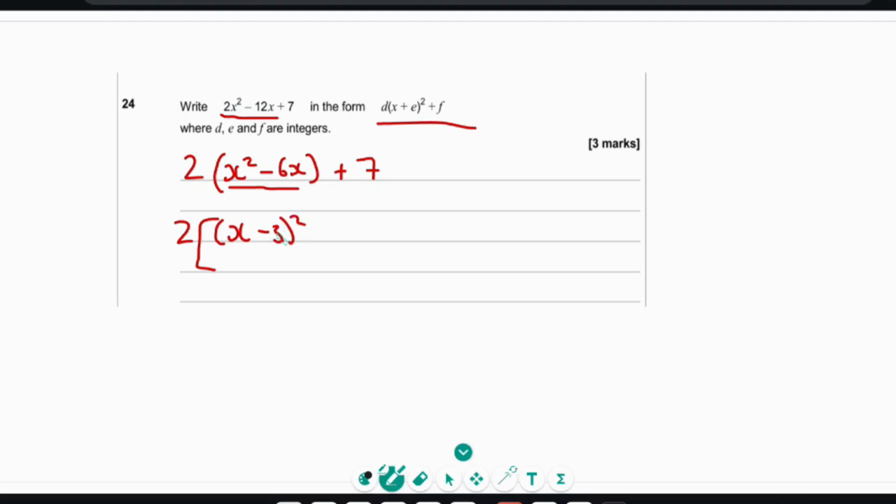If I expanded these brackets, I'd have the term minus 3 times minus 3, which is 9, which I don't need, so I need to subtract it off. So I've just created that 9, I need to get rid of it. And now if I expand the brackets, 2 times minus 9 is minus 18. Simplify. And minus 18 plus 7 is minus 11.